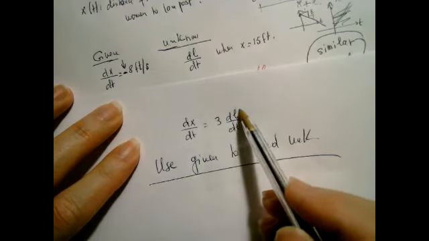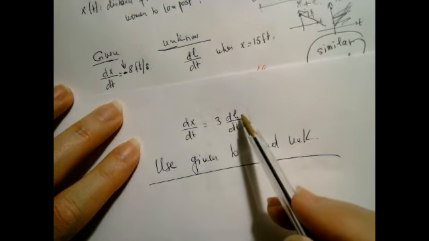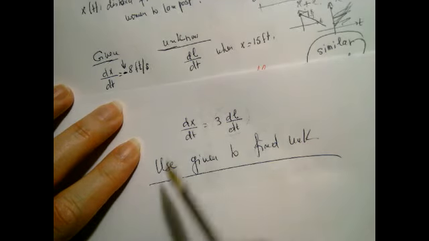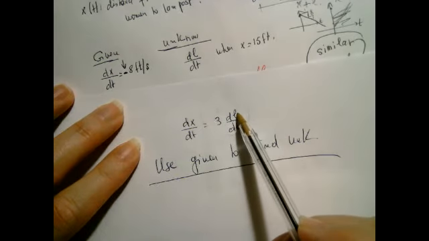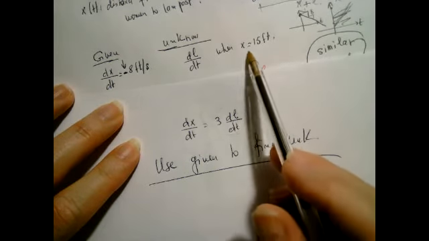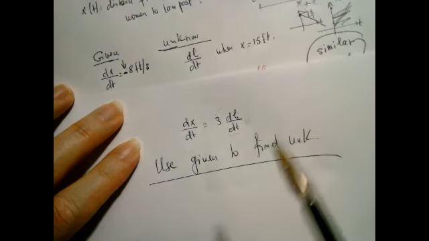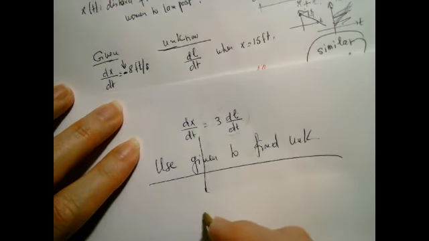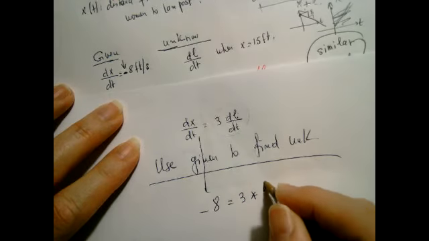But there is no x in the formula, which means that dL/dt is changing at a constant rate. How fast the length of the shadow is changing doesn't really even depend on x. So we have minus 8 equals 3 times dL/dt.